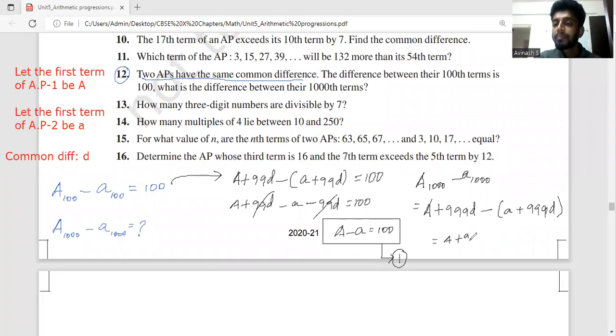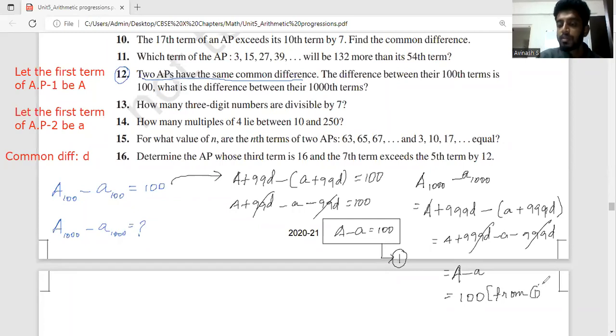So now when we subtract this, plus 999d and minus 999d will get cancelled. That will give you capital A minus small a. Now, according to the first equation, capital A minus small a is nothing but 100. So this will also be 100. And you end by saying it is from equation 1. So we are getting capital A minus small a, and we have already gotten that value as 100. And so we conclude by saying 100.